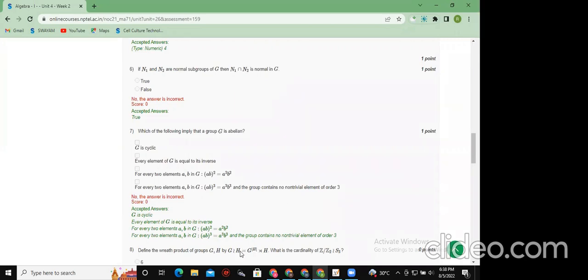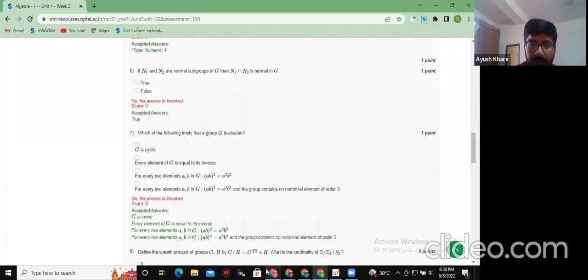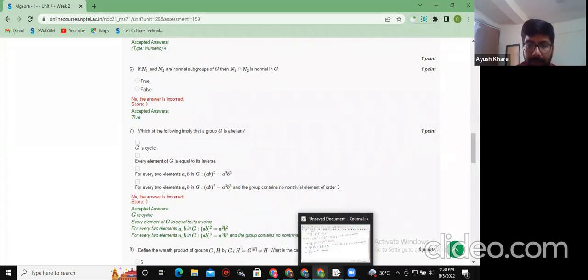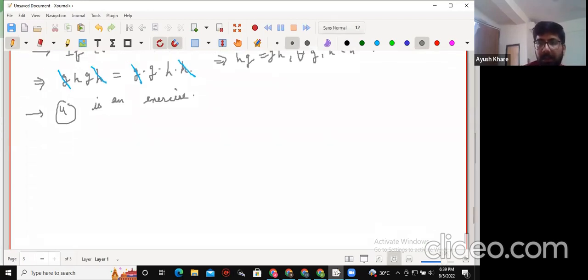So the Reed product of G and H has a general definition, but here you can just take the Reed product of G and H to be G raised to order of H, semi-direct product with H. Okay. Let me explain it with some examples. Then I think it might be more clear to you.